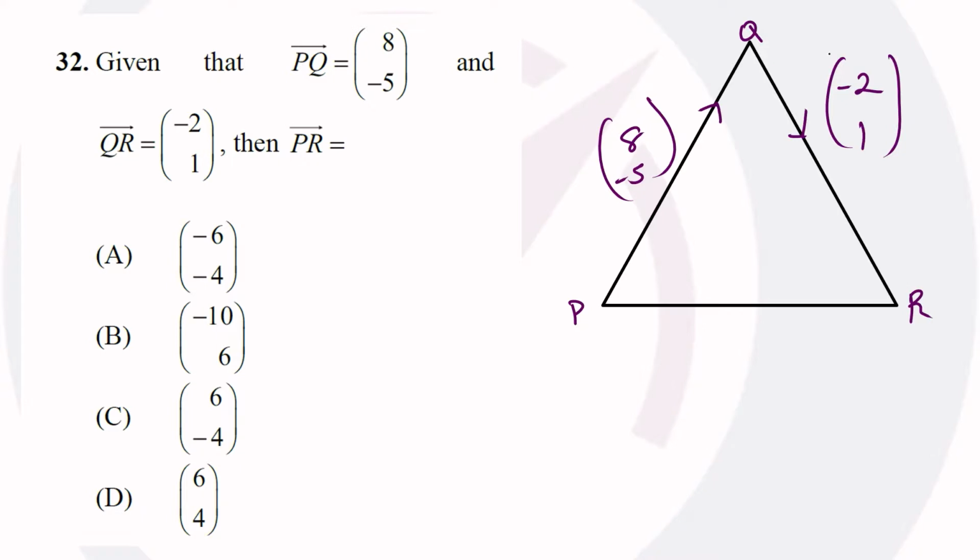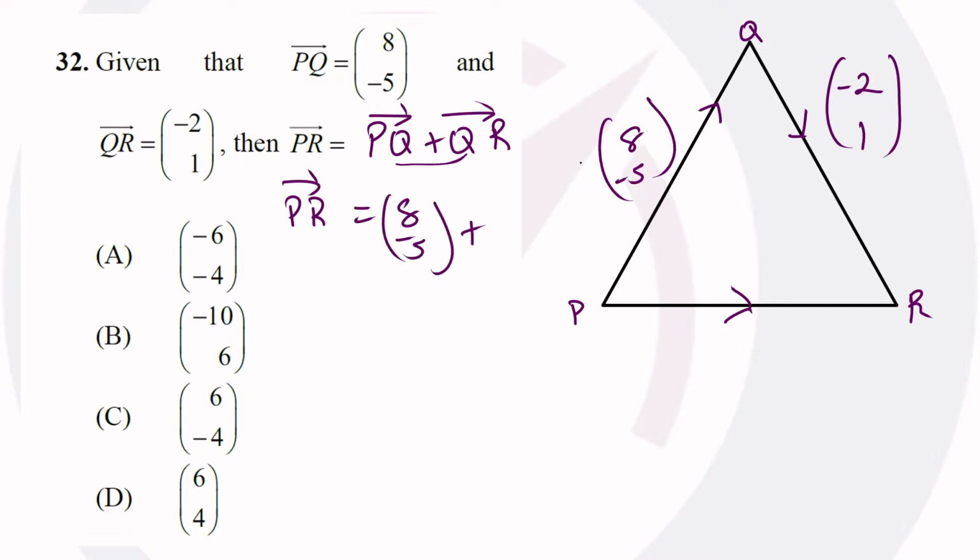Now, because it's head to tail, we want to find PR. We can see that PR is going to be equal to the vector PQ plus QR. Where this one starts, the other one ends, and we get PR out at the end. So vector PR is equal to 8, negative 5, plus negative 2, 1.